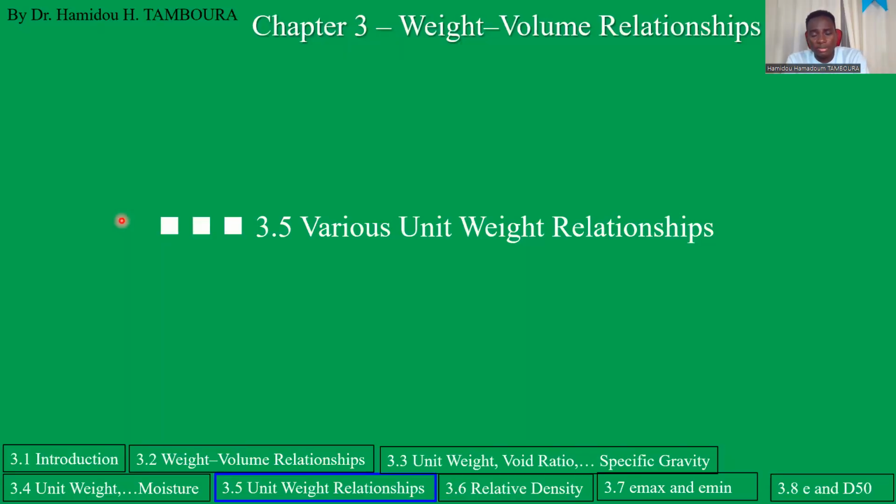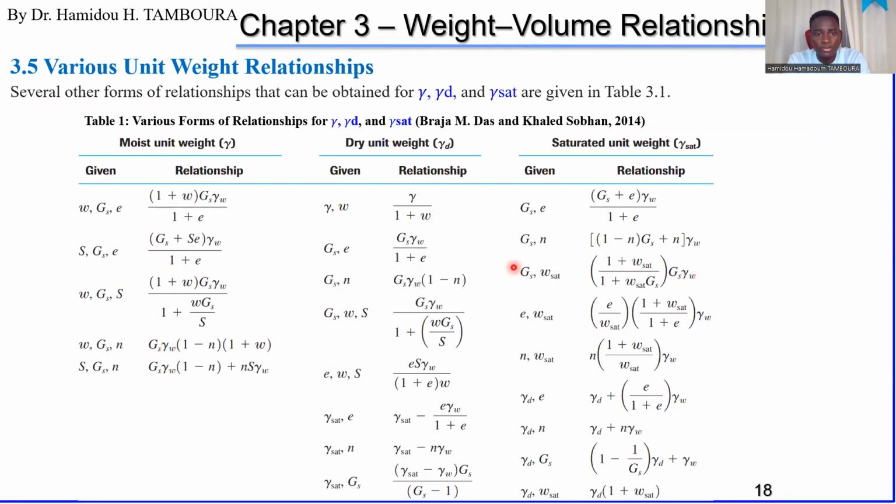You understand everything. Now I will just show you this part, the fifth part, some various relationships. I will not explain this. If you are watching the video, just pause and try to see this relationship if you want. So you have the given data here. For example, if you have water content, specific gravity, and void ratio, you can use them to build this relationship.